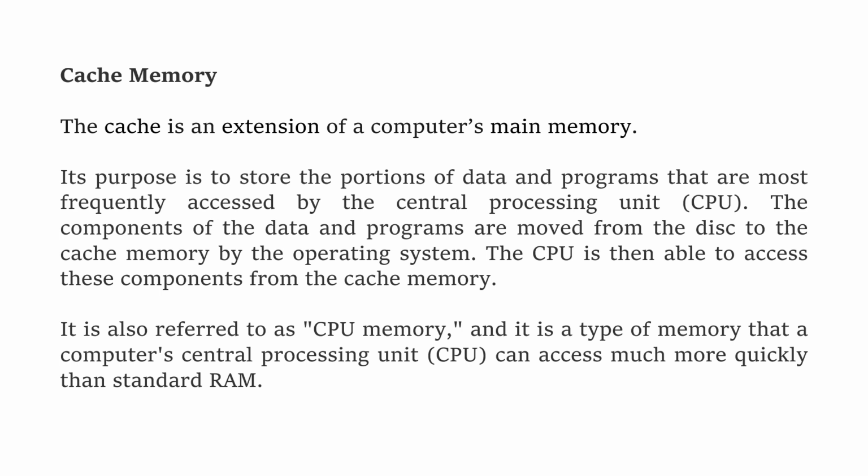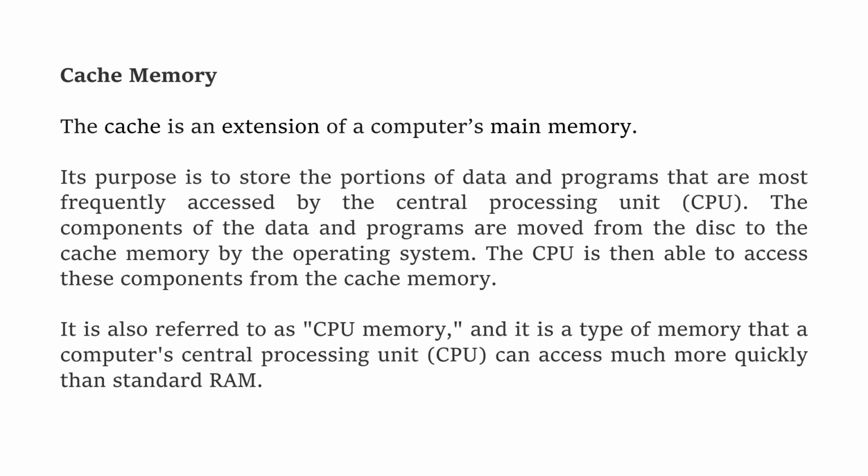That is, the components of data and programs that are frequently used are moved from the RAM or the secondary memory to the cache memory by the operating system, so that the CPU is then able to access this frequently used data from the cache memory.